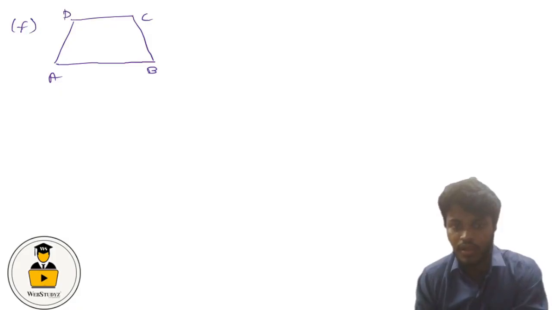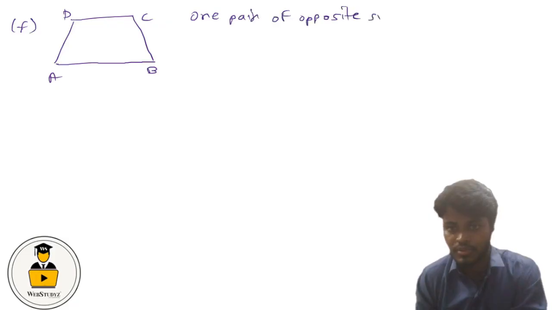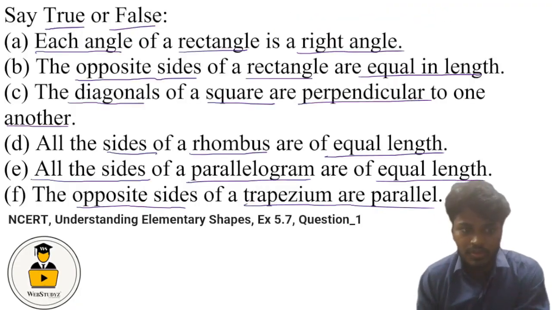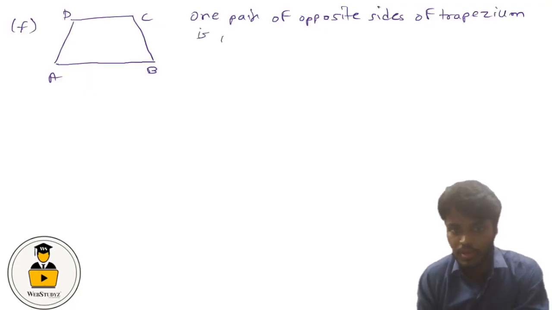So we know that using the properties of trapezium, we can say that one pair of opposite sides of a trapezium is parallel.